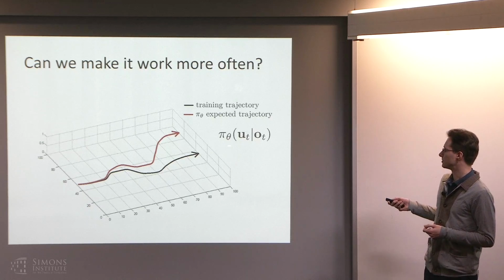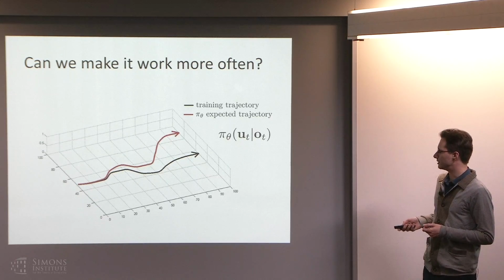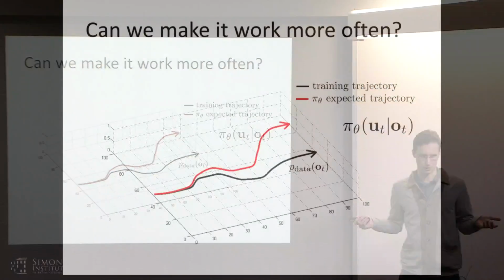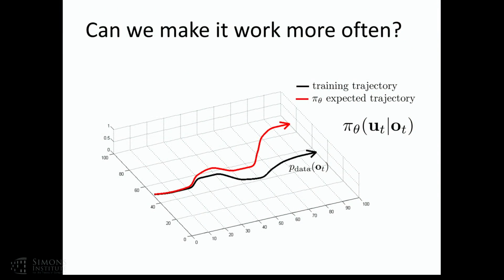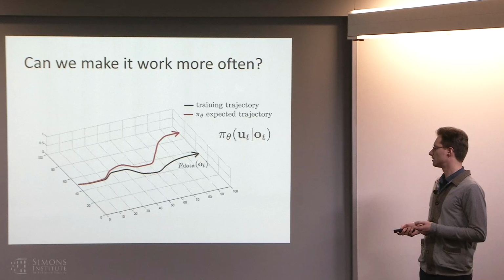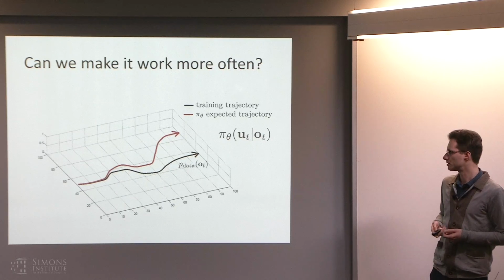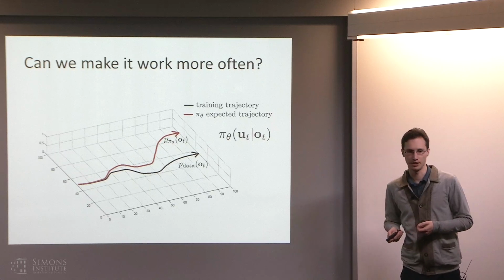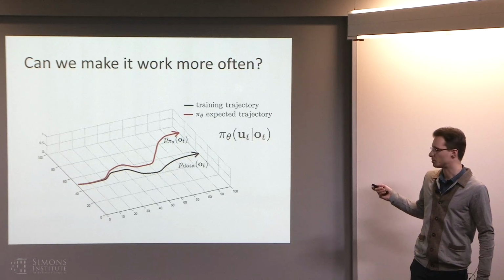We have a policy pi theta of u given o that is trained on some distribution over observations. And that distribution is your data distribution, right? When the human drives the car, they give you observations from some distribution, p data. But when you then run pi theta of u given o, the policy that you learned, it's going to see observations from some other distribution, p pi, that is induced by this policy.